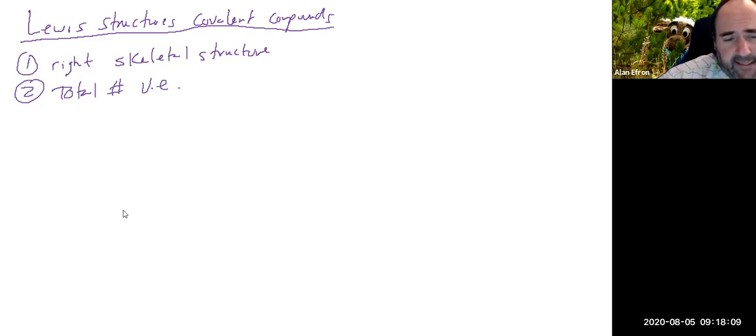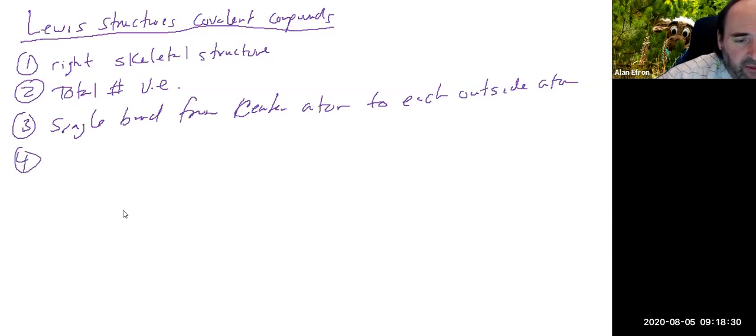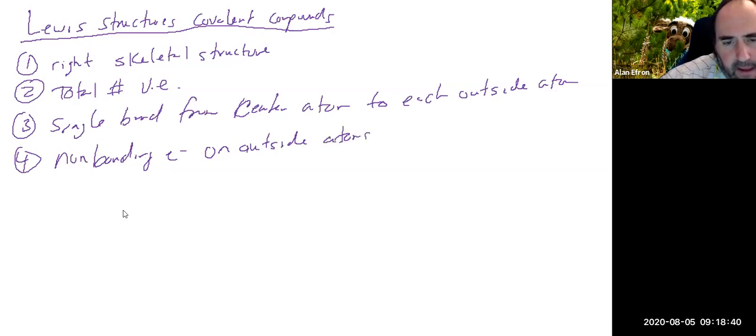You want to make a single bond from the center atom to each outside atom. You then want to put the non-bonding electrons on the outside atoms first, in pairs, until you fill up all the outside atoms with that octet rule, 8.